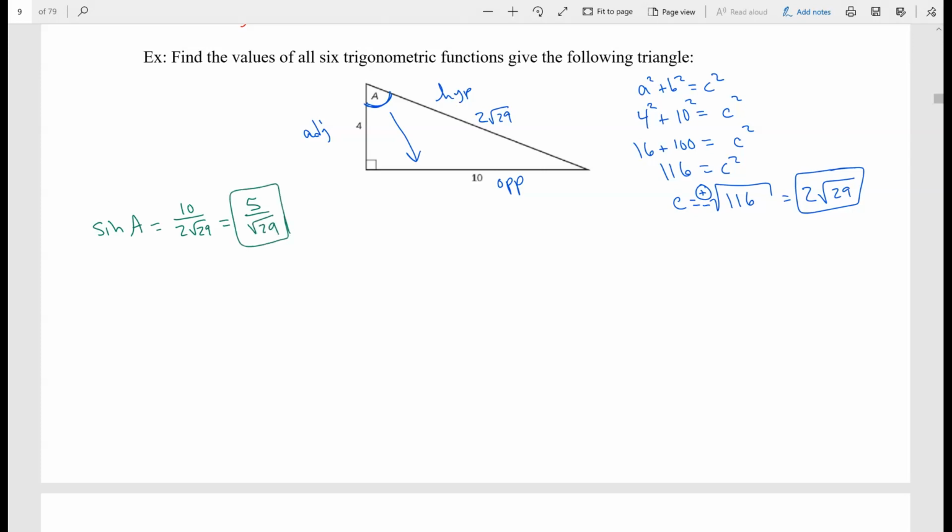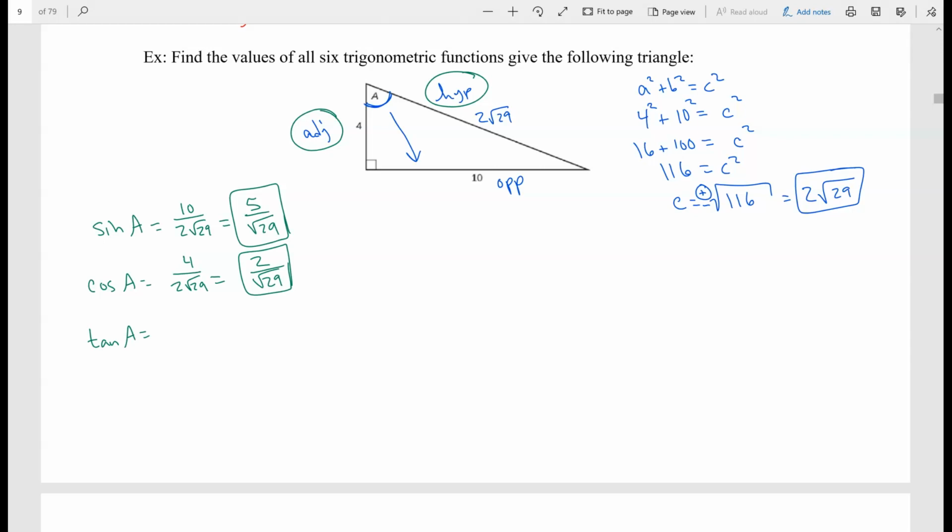Then we have the cosine of A. The cosine of A is the adjacent over the hypotenuse. That's equal to 4 over 2 square root of 29, which gives me 2 over square root of 29. Now, typically, you would want to rationalize. I don't care about rationalizing, at least not at this point.